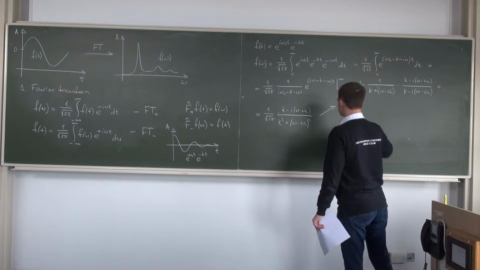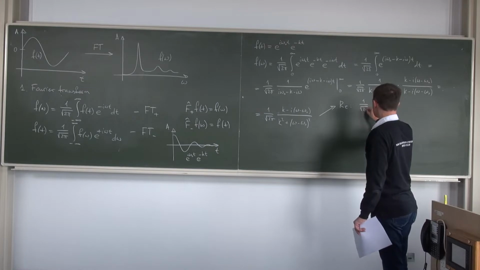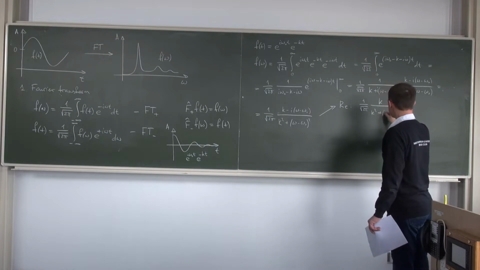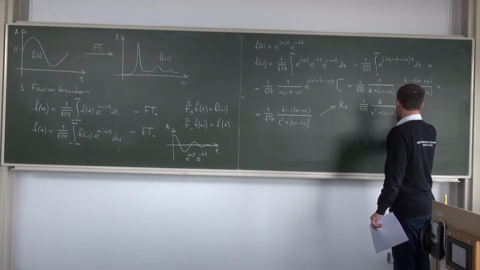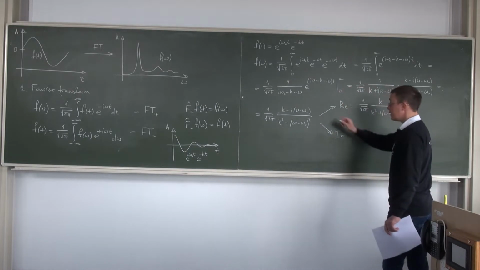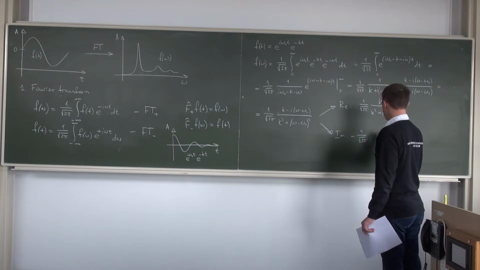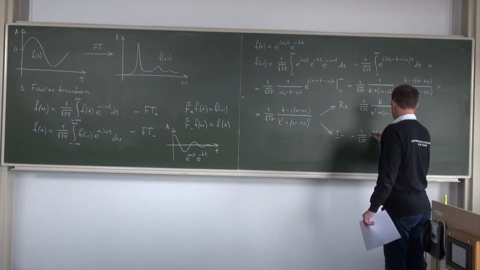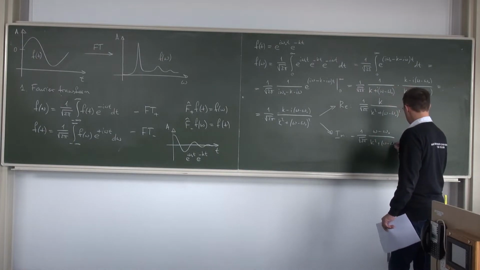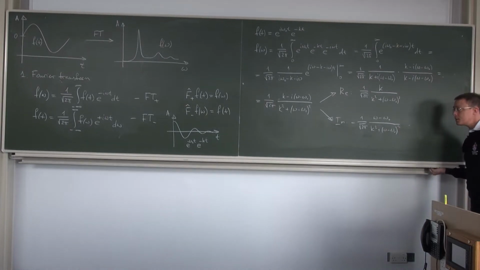So the real part is going to be everything without the i, 1 over root 2 pi, k over k squared plus omega minus omega naught squared, and the imaginary part is the rest of it, right? So minus 1 over root 2 pi, omega minus omega naught over k squared plus omega minus omega naught squared. So far so good, but quite obscure as you can see.